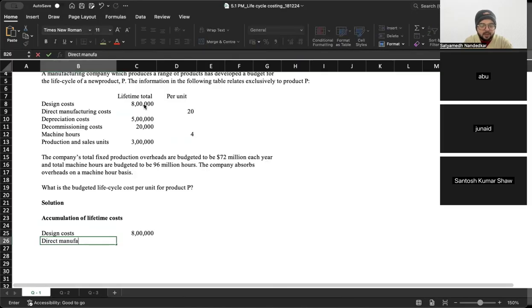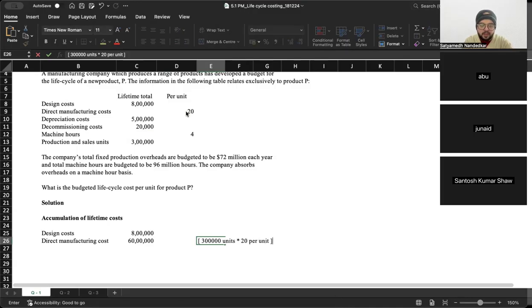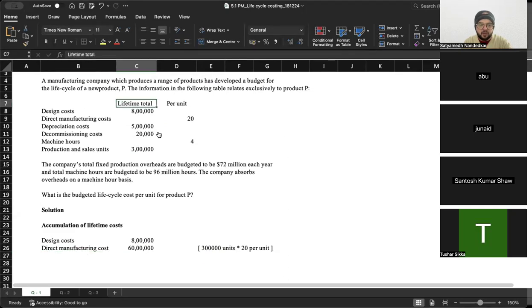Then direct manufacturing cost, how much? Production and sales units lifetime total is 3 lakh into 20 per unit. So this is 3 lakh units into 20 per unit. Then depreciation cost, this is also given to you, right? The lifetime total of depreciation cost is given to you, so you will have to add that up.